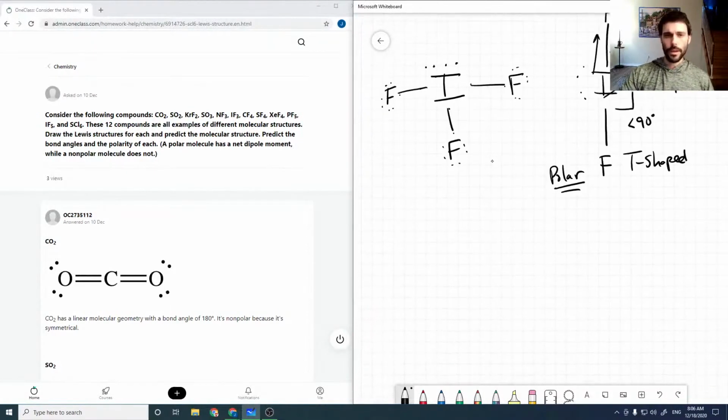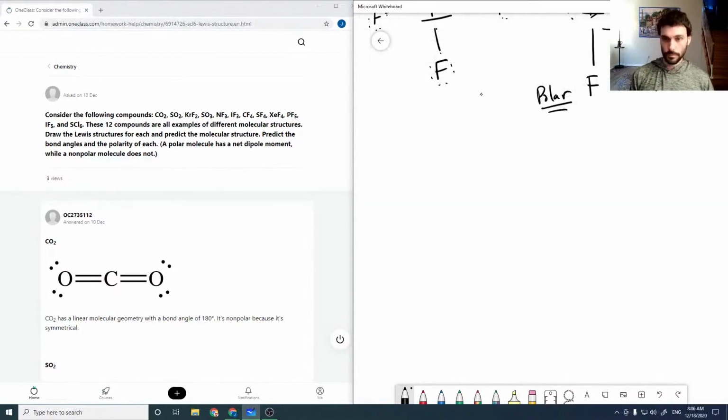Okay, CF4. So for carbon, we have 4 valence. Each of the fluorines has 7, which is 28 total from the fluorines. So the total is 32.